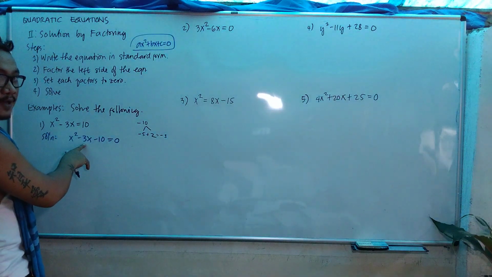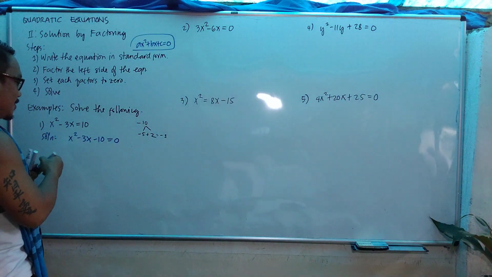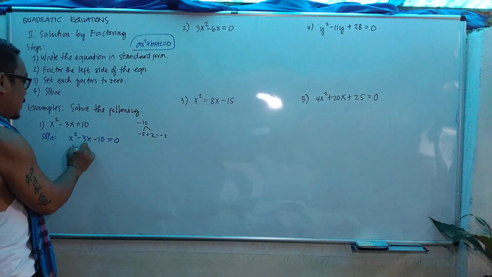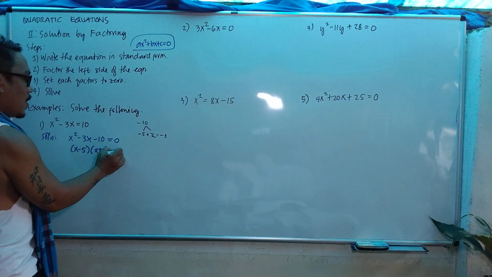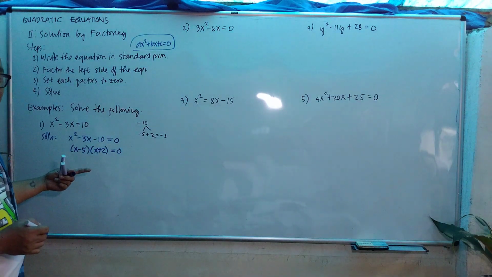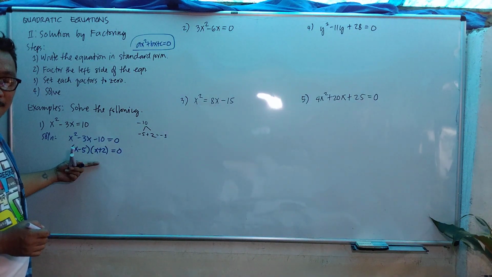So it fits. We have the factors x minus 5 times x plus 2 is equal to 0. We have now gotten the factors of the left side of the equation.